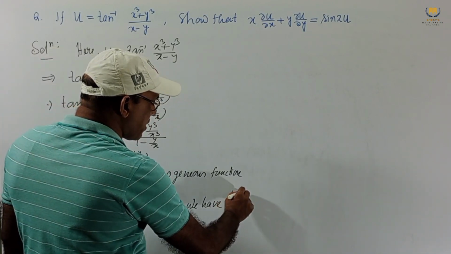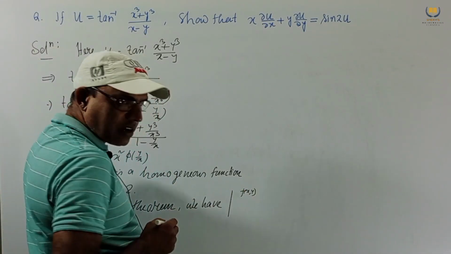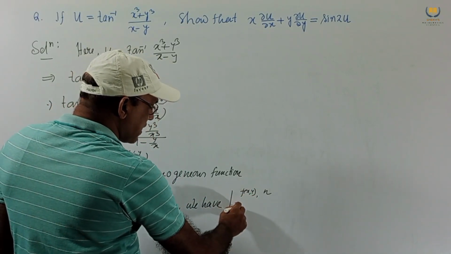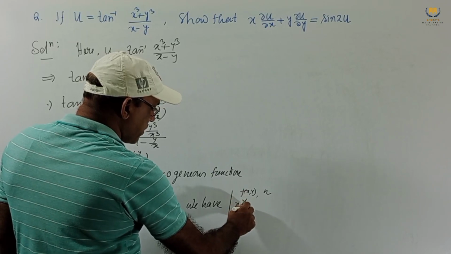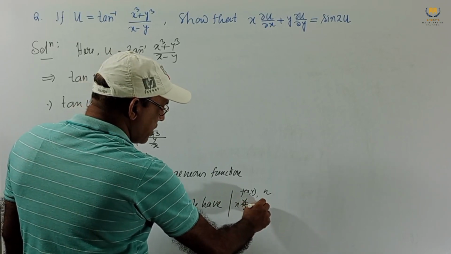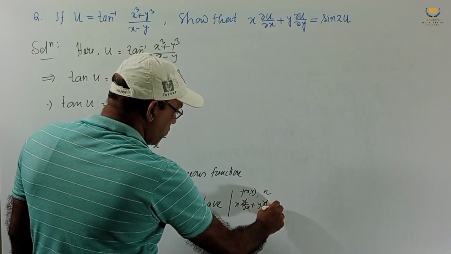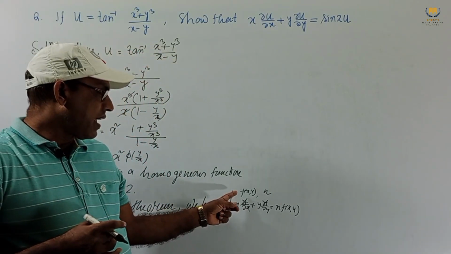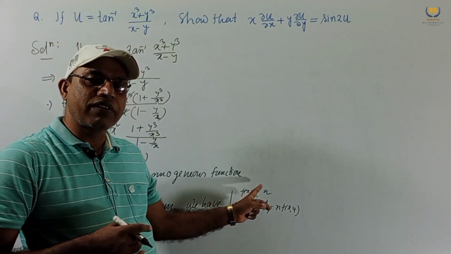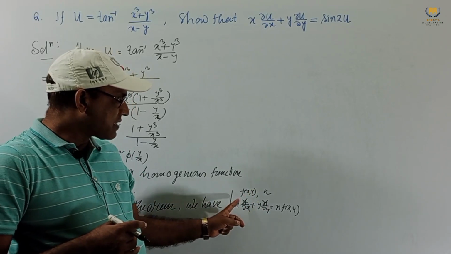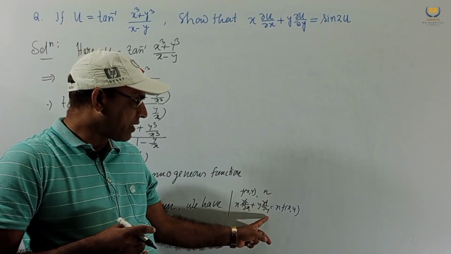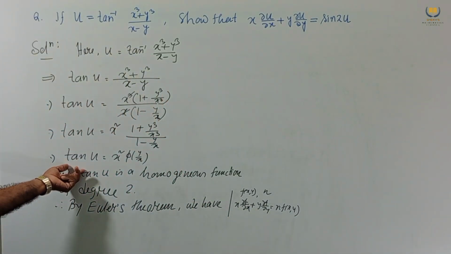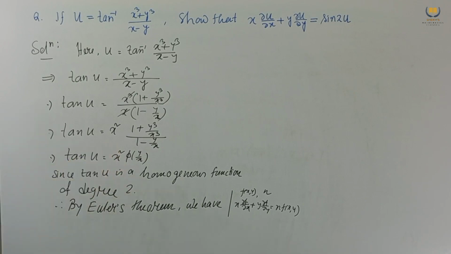We know Euler's theorem: if f of xy is a homogeneous function of degree n, then x del f del x plus y del f del y equals degree into function. This is Euler's theorem. But here f means tan u, a homogeneous function of degree 2.